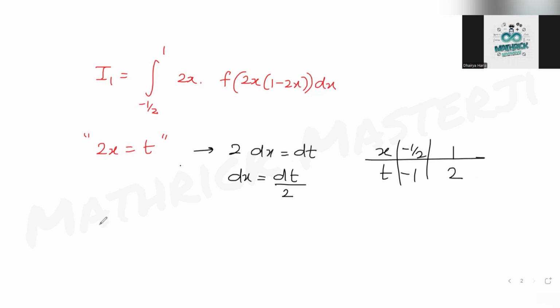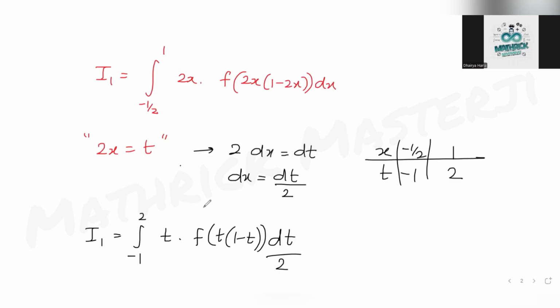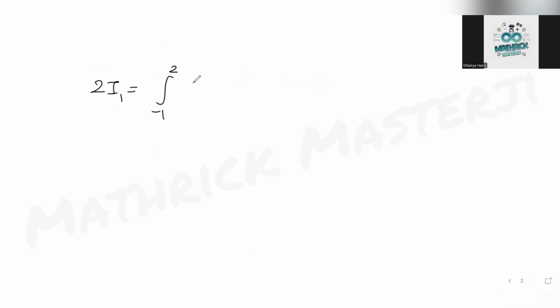So my I1 now changes to minus 1 to 2, and 2x is t, so it becomes f of t into 1 minus t dt, and dt is nothing but 2. So from here I get 2I1 is the integral from minus 1 to 2 of t into f of t into 1 minus t dt.